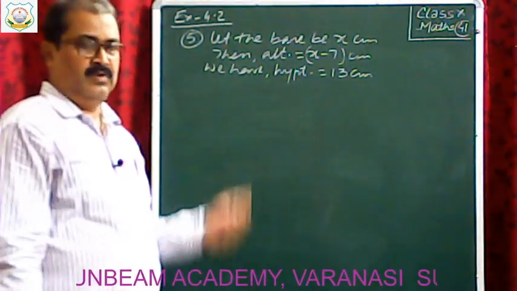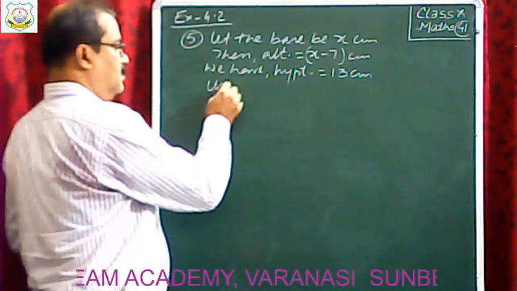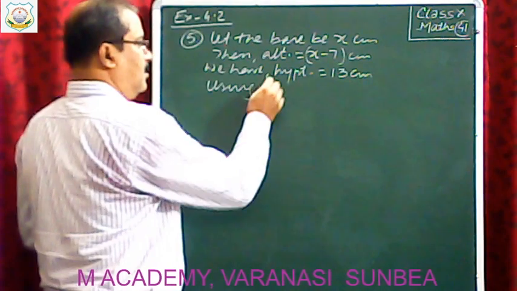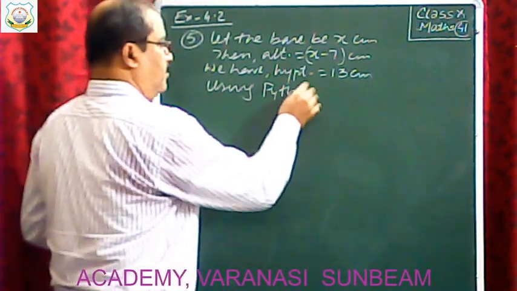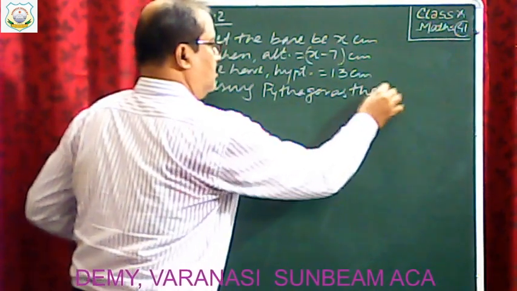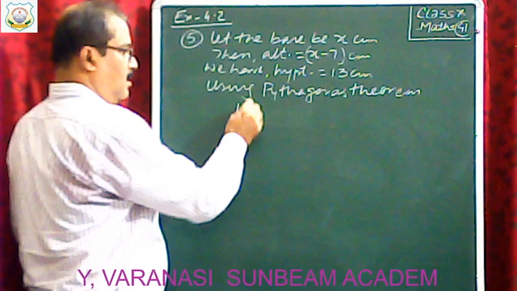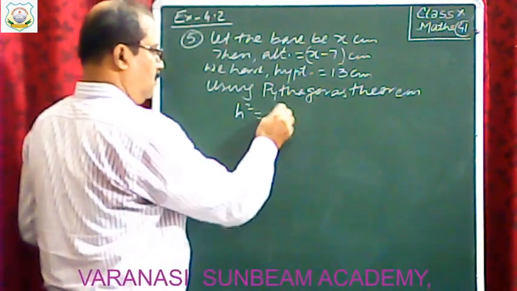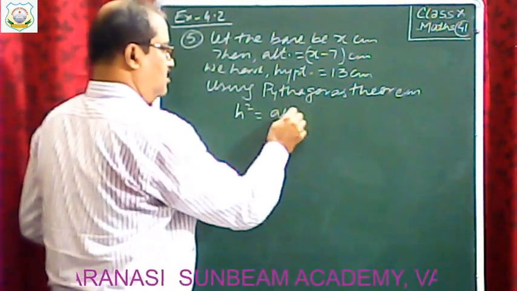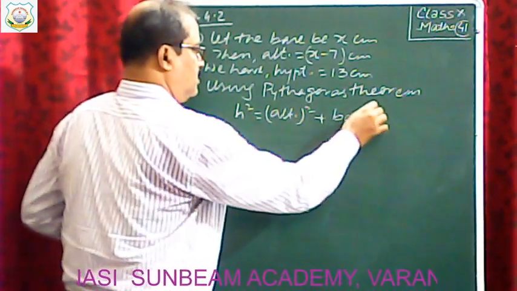So directly you have to use the Pythagoras theorem. Hypotenuse square equal to altitude square plus base square.